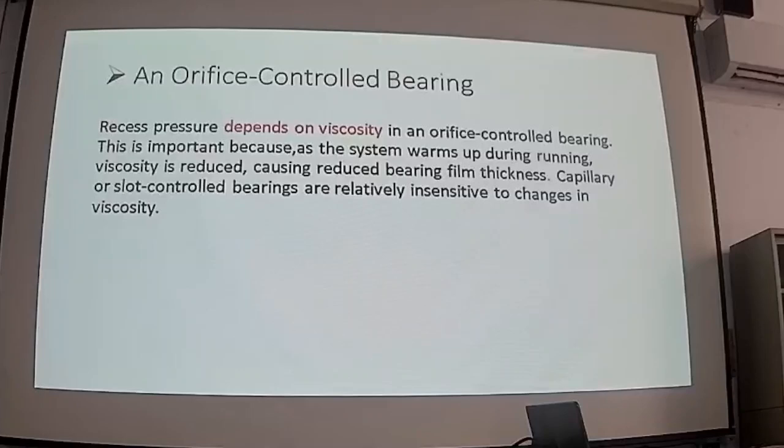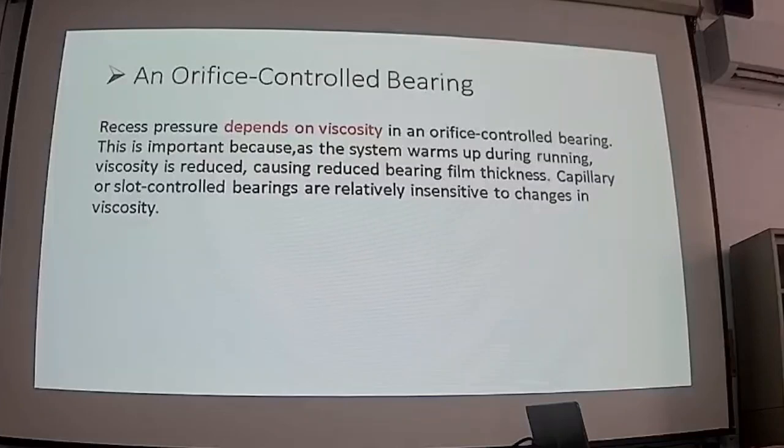So when temperature is rising and the viscosity is reduced, this will cause the bearing film thickness to drop. So for the orifice restrictor, it is important you have a cooling system for your pressure supply system to fix your lubricant temperature under a certain range.